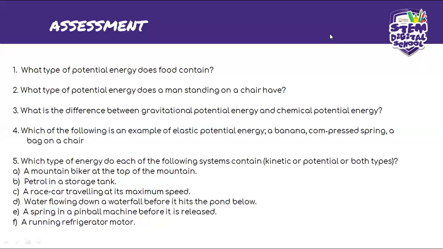Hopelin, may you please check your answer? Double check it again. Okay, someone is saying chemical potential energy is in the food we eat. Yeah, that's a nice way of differentiating. Then you can say, and then gravitational potential energy.